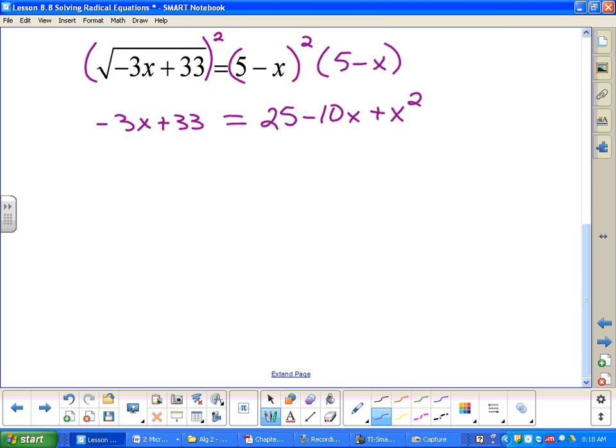Now, since we have a quadratic equation out of this, we need to get everything on the same side, and we want the x squared to be positive. So we're going to move everything to the right-hand side, and then we'll put it in standard form while we're doing that. So we're going to add 3x and subtract 33 from both sides.